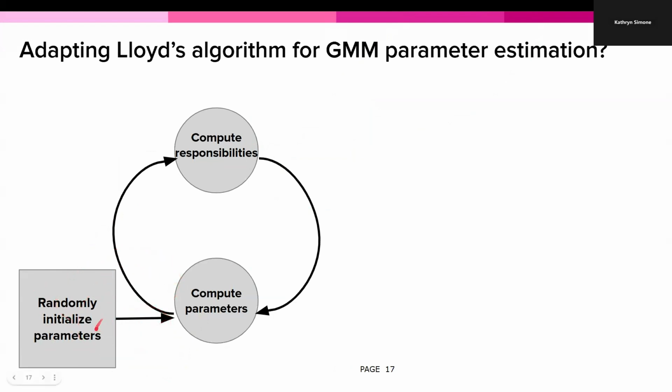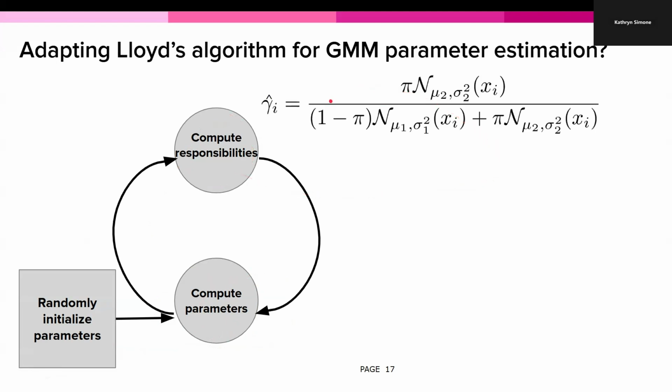So here we will just be picking the means, the variances, and mixing weights at random. And from that starting point, we'll use those initial guesses to compute the responsibilities, which are the probabilities that each data point belongs to a particular mode. And as I said before, those responsibilities are captured by gamma, which gives us a sense of how likely it is that a given sample came from one Gaussian or another.